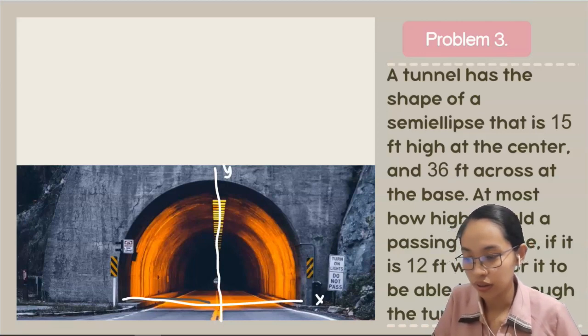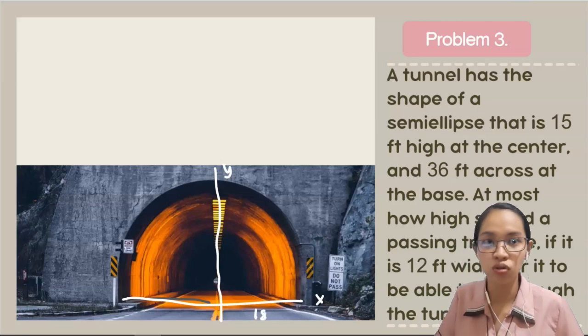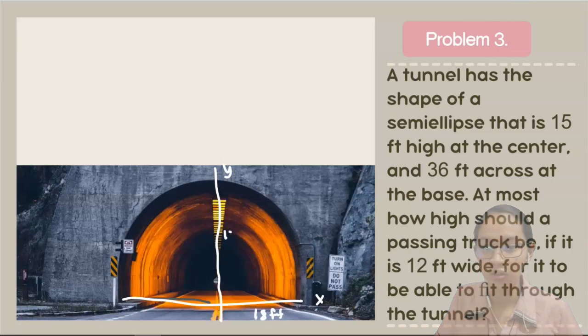Okay, though it may not be obvious in our illustration, the vertical movement should be shorter than the horizontal movement. Next, at most, how high should the passing truck be if it is 12 feet wide? Okay, for example, nag-aalangan ka kung kakasya ba yung truck mo sa tunnel na yon, at sinukat mo yung truck mo, and then the width is, for example, we have 12 feet, which means kalahati is we have 6 feet.